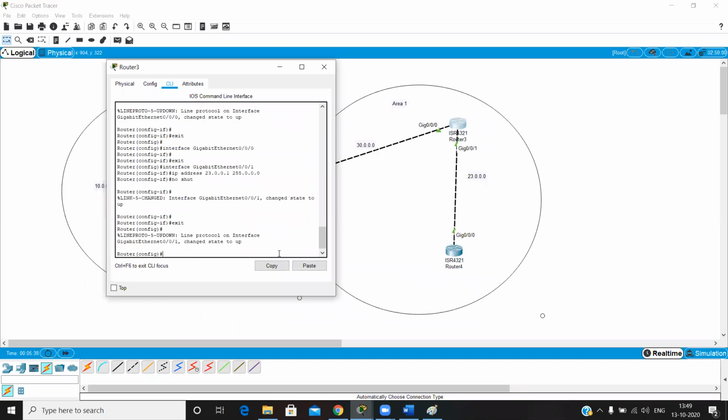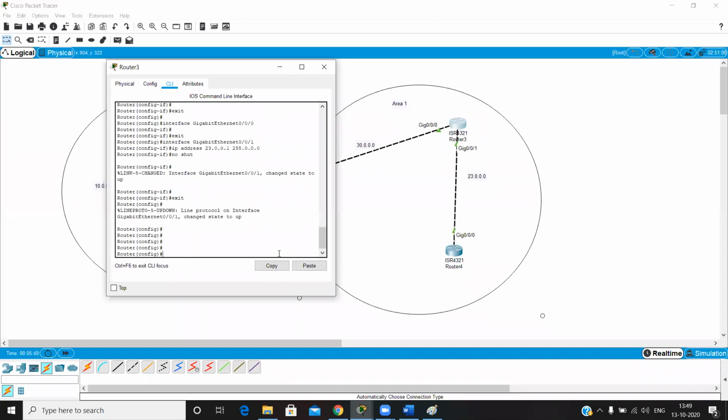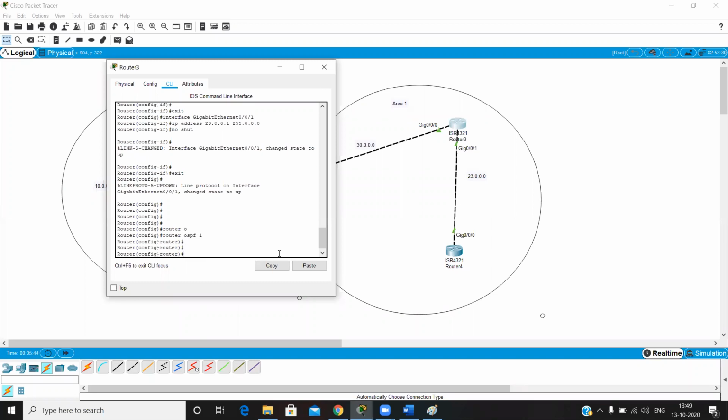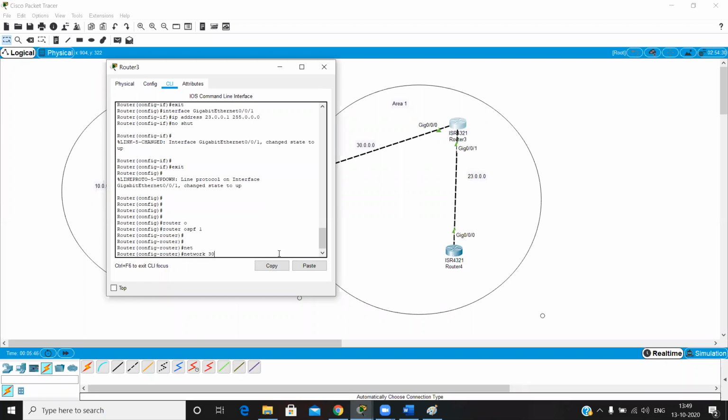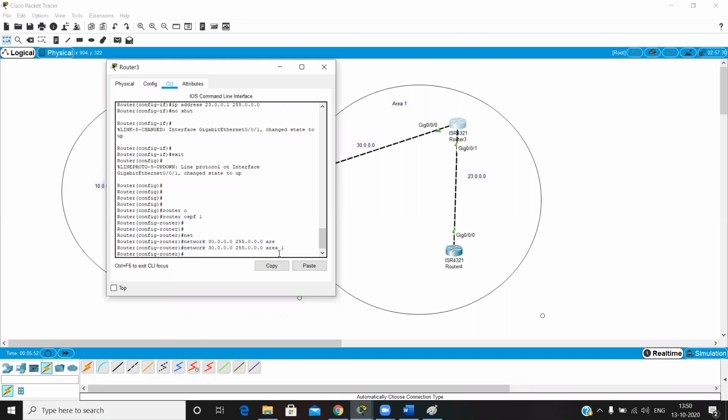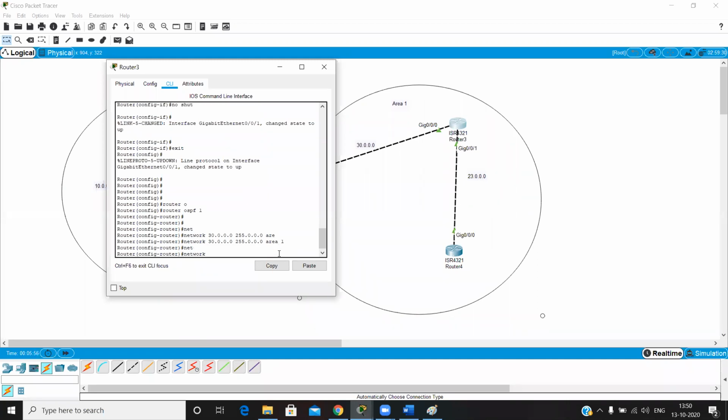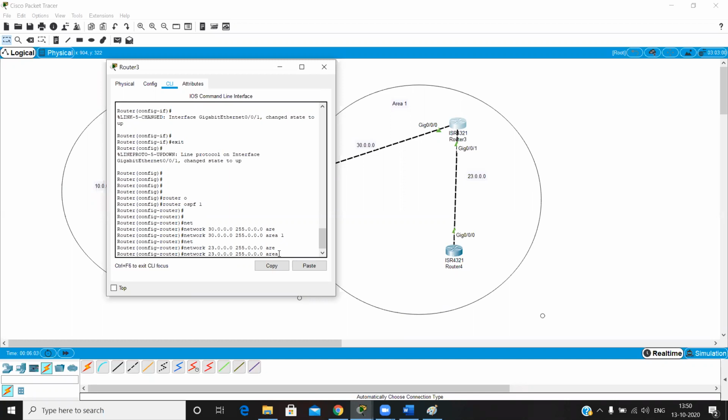Now see, Bhuvan, I use the same AS number. Router ospf 1, network is 30.0.0.0, subnet is 255.0.0.0, and then area is 1. Network 23.0.0.0, subnet is this, and then area is 1.